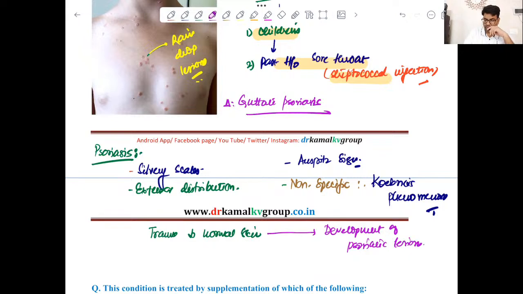This is Koebner's phenomenon for psoriasis, but as I told you, it is non-specific, meaning it is not limited to psoriasis. It can be seen in vitiligo or lichen planus as well. These are a few important points which you should know about.